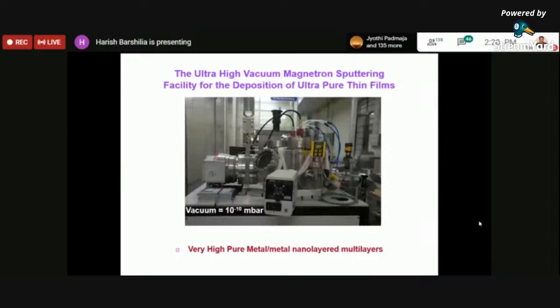So this is another system. We call it the ultra vacuum magnetron sputtering system. See, vacuum is required for all these PVD processes. Depending upon the level of vacuum, I'm sure you must be using some rotary pump wherein the vacuum you can achieve is 10^-3 millibar.